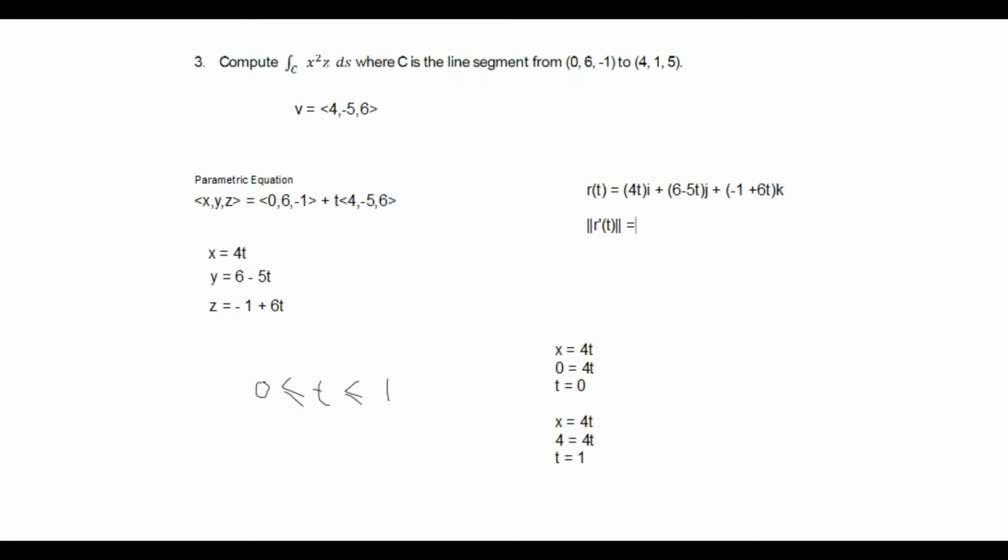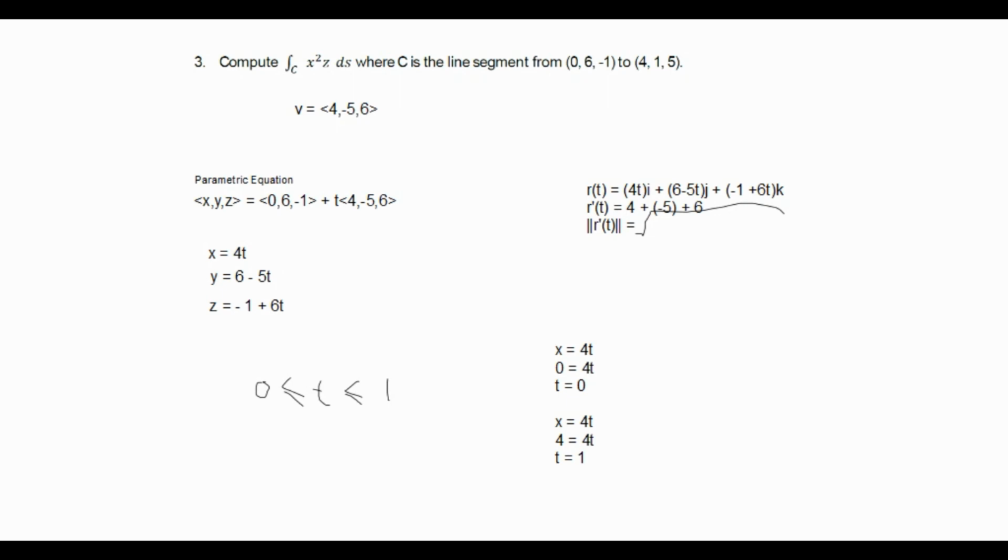So when we differentiate this function with respect to t, we'll get 4, negative 5, plus 6. So this is our r prime t. Notice that this is exactly the same as the vector over here. Now we just have to square root.